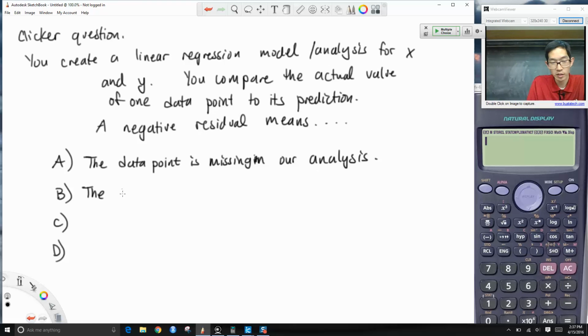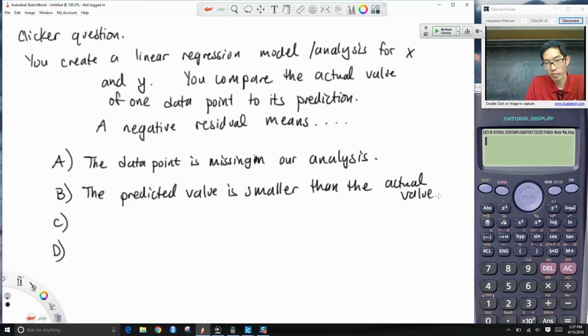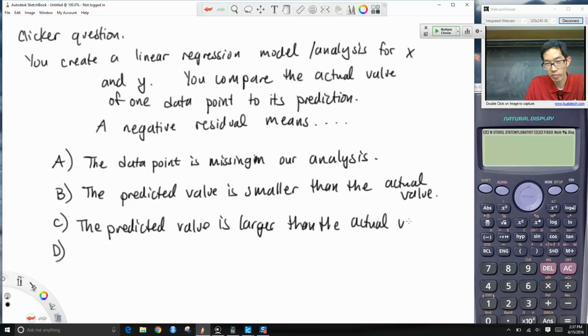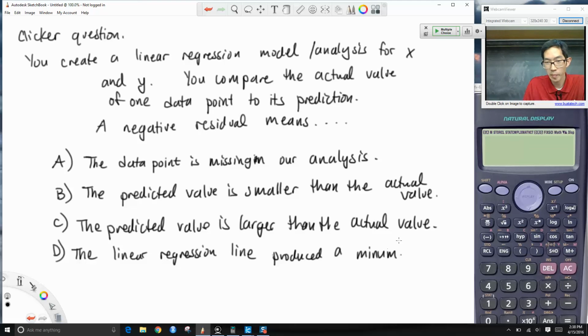Predicted value. This is minimum. So what does the negative residual mean?